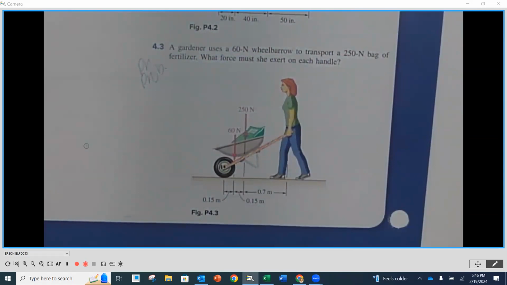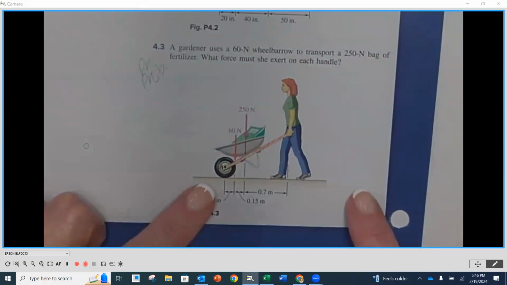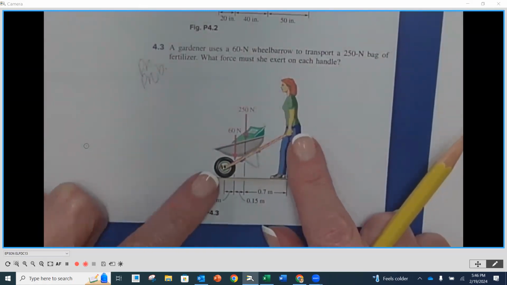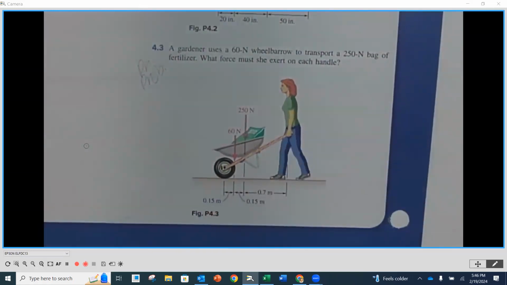That means that is the weight of the wheelbarrow, so that's at the wheelbarrow's center of gravity. And then we have the wheel itself. That's going to be another support. There are two supports here: her holding it up, and the wheel.